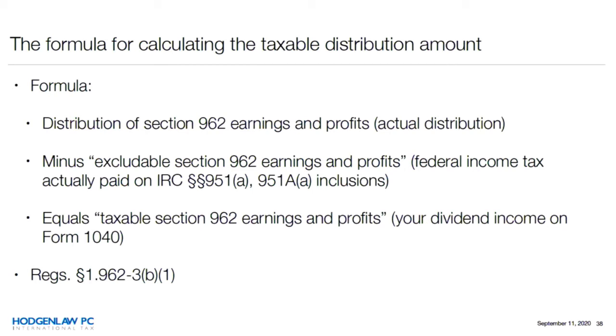Then compute this thing called excludable Section 962 earnings and profits, which translated means the federal income tax you, the shareholder, actually paid on the earnings and profits inclusions because of Section 951(a) and 951A. You subtract that, and whatever is left over is the taxable portion of the distribution. So pretty simple. Start from gross, subtract a number that you're told to compute, which is a function of tax paid, and the net after that is the taxable dividend.